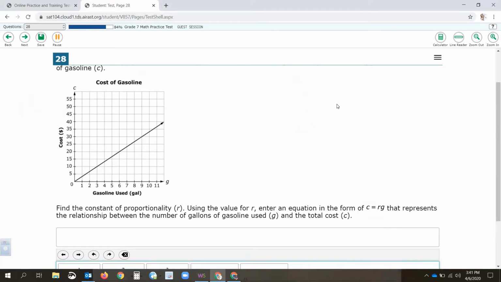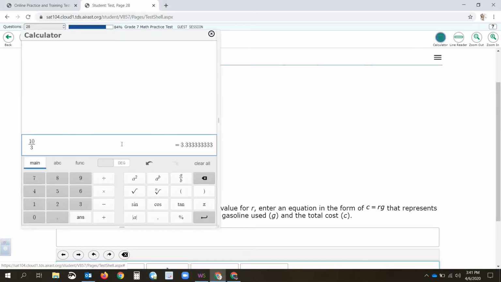Now, if I were to go to my calculator, and they let us use a calculator on this problem, you could see I've already got here 10 divided by 3, and I get 3.333333, right? So if I do 20 divided by 6, I get the same answer.